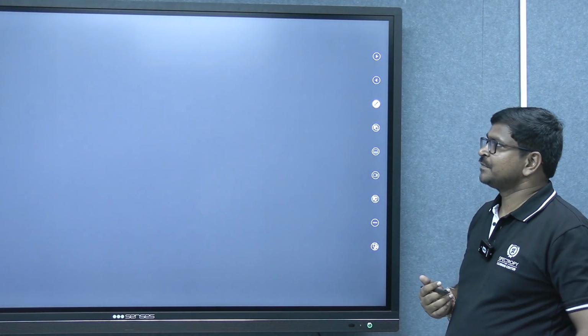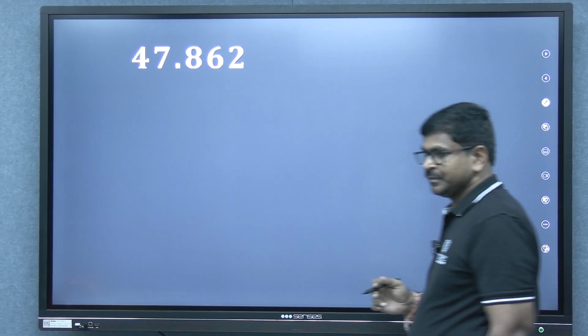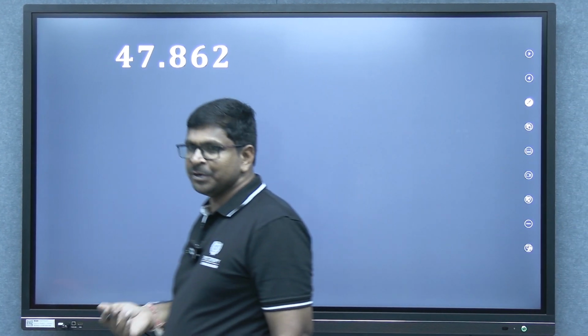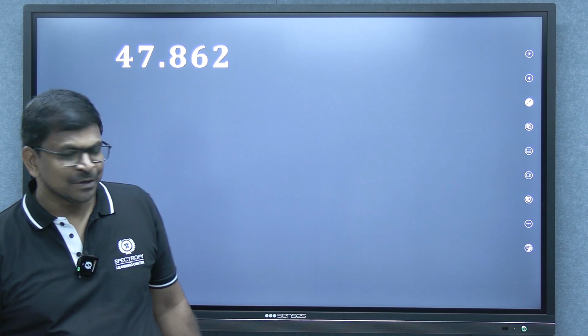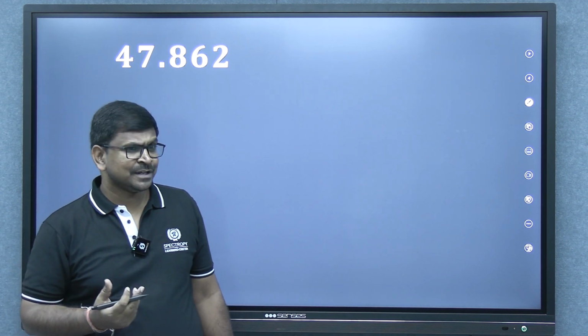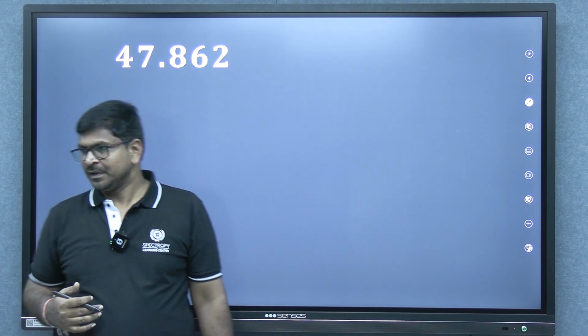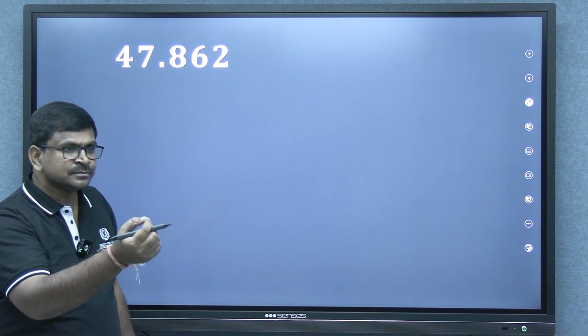Now let us come to it. Suppose I have 47.862. Before going to discuss the shortcut technique, you must understand the language of this shortcut technique. Suppose I want to remove this 2. Which digit is to be removed? 2.